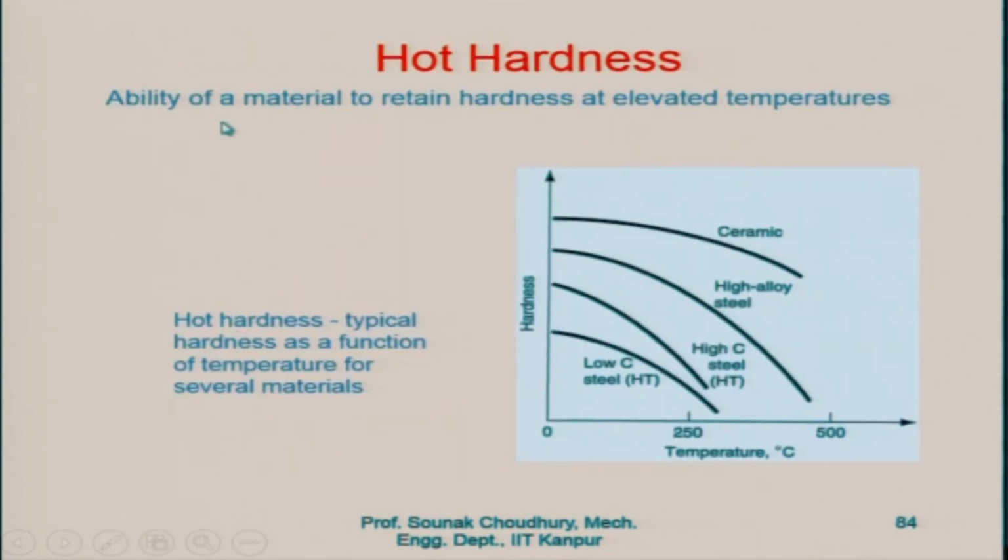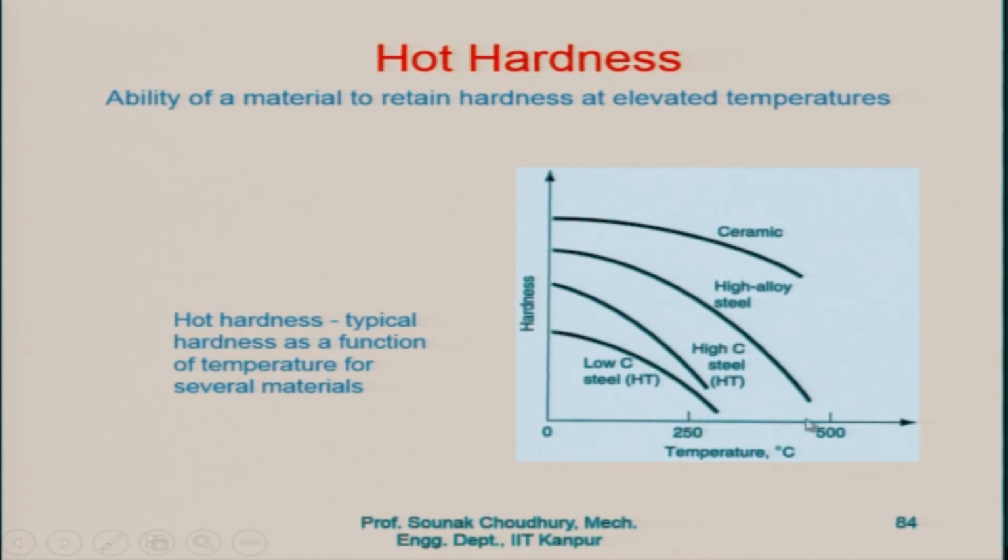Now, hot hardness, the ability of a material to retain hardness at elevated temperature. I already gave the hot hardness definition. Now, for the hot hardness, if you take the hardness here and at a higher temperature, you can see that for ceramic, this fall is not as rapid as, for example, high alloy steel, or low carbon steel, all right.